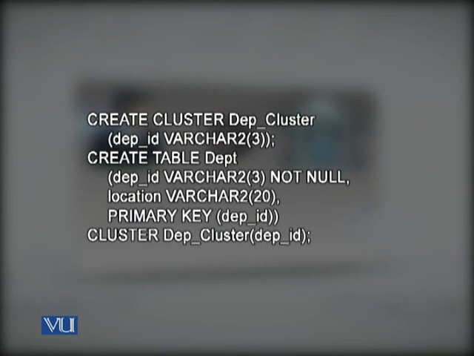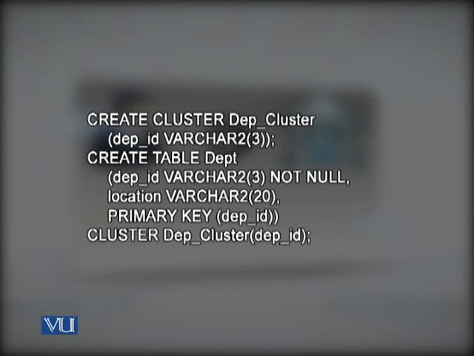First you see create cluster, and the name of the cluster is department cluster. You can give it any name, and then you define an attribute, the key of the cluster, in this case department ID. We do not use this attribute as such, but it is required for the creation and usage of the cluster, so we have to define it in the cluster.